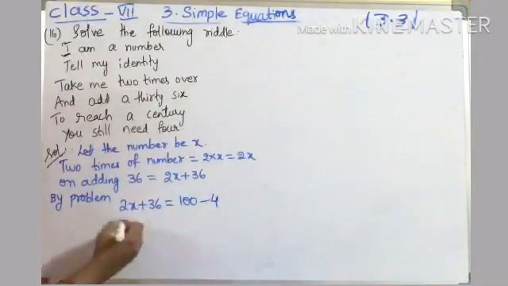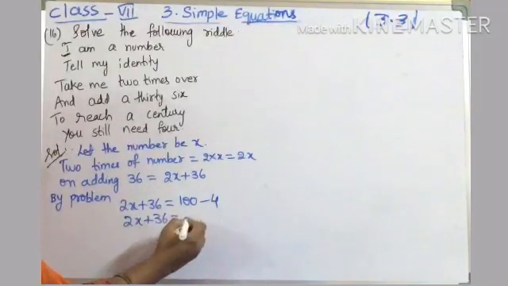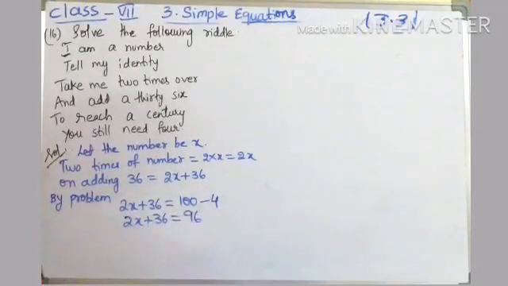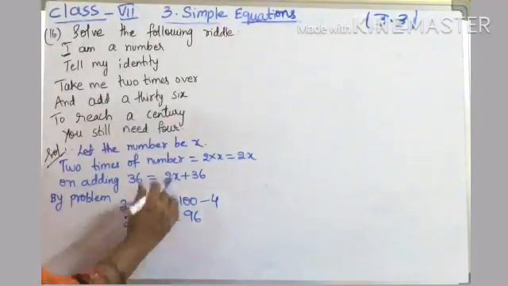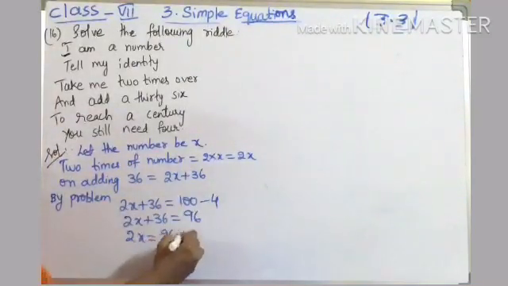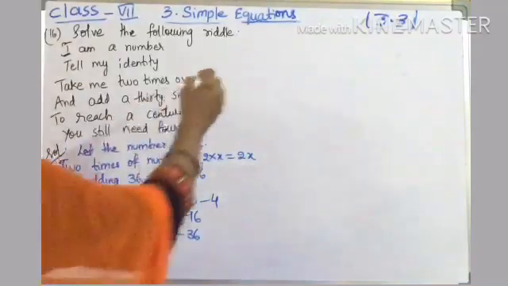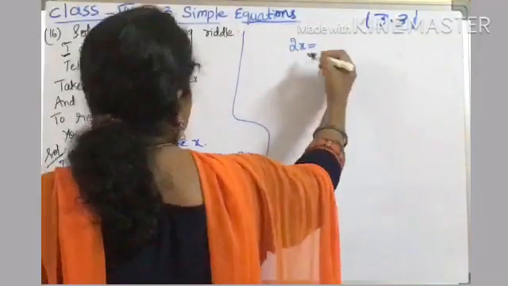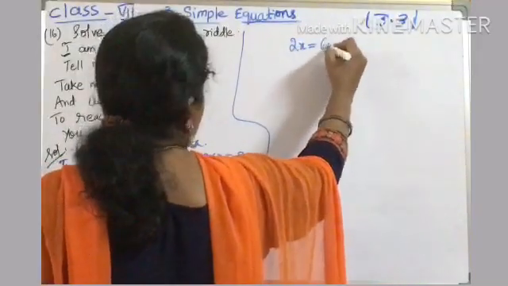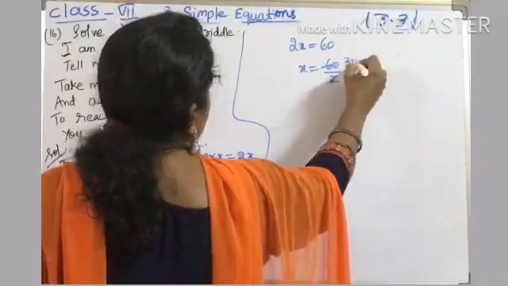Is that clear? Now 2x plus 36 equals 100 minus 4, how much? 96. Now take this plus 36 to that side, so 96 minus 36. 2x equal to 96 minus 36, how much is that? 60. So x is nothing but 60 by 2, that is 30.